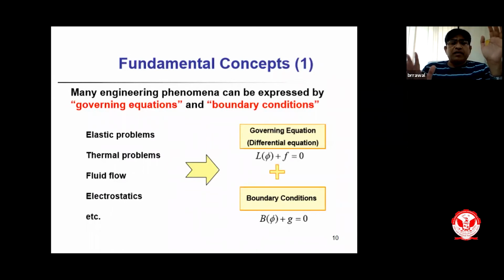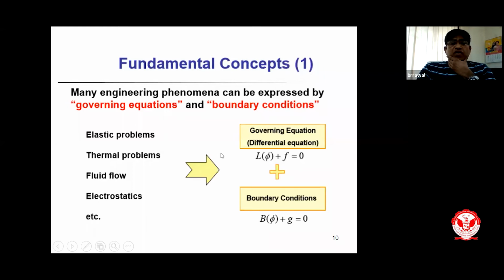So by maintaining the physics of the engineering problem, we have to form a relationship between these input and output parameters, and this is basically a differential equation as shown here. So this is a governing equation, and we convert this differential equation into linear equations.